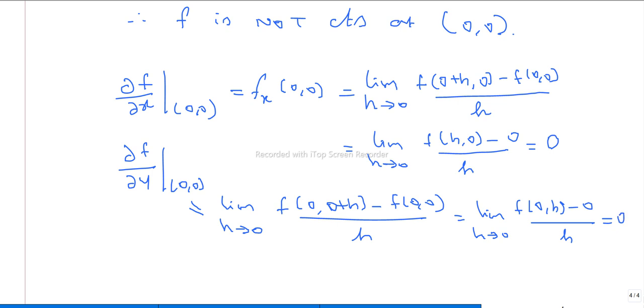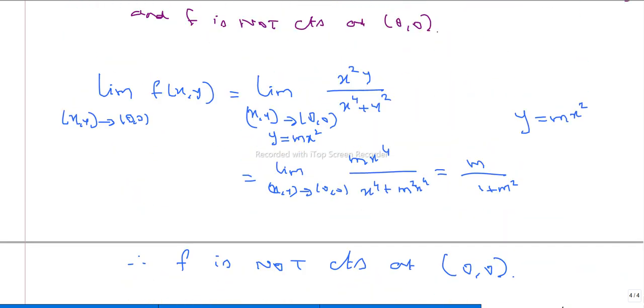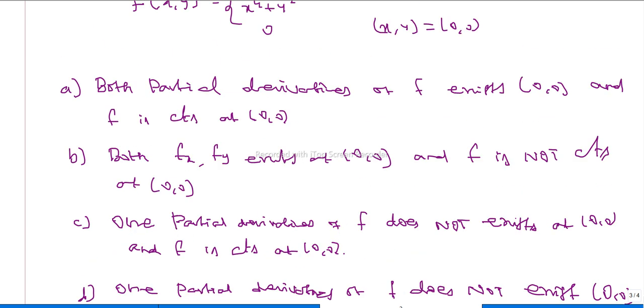So both partial derivatives exist at the point (0, 0), but f is not continuous at (0, 0). Therefore the correct option is the second one: both partial derivatives fx and fy exist, but f is not continuous at the point (0, 0).